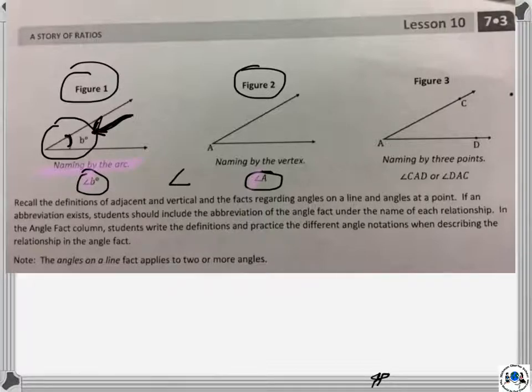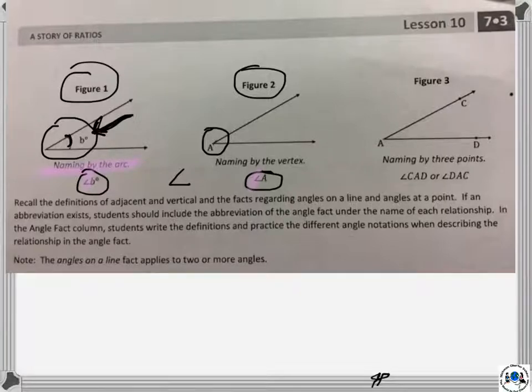So angle A is being named by the vertex, and the vertex is that point right there, that corner, the place where two lines meet.